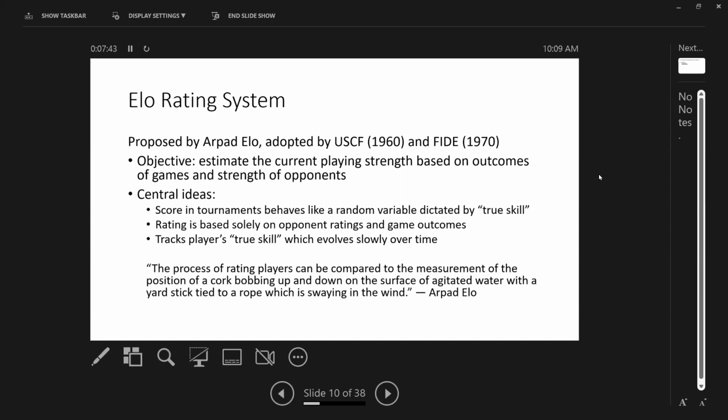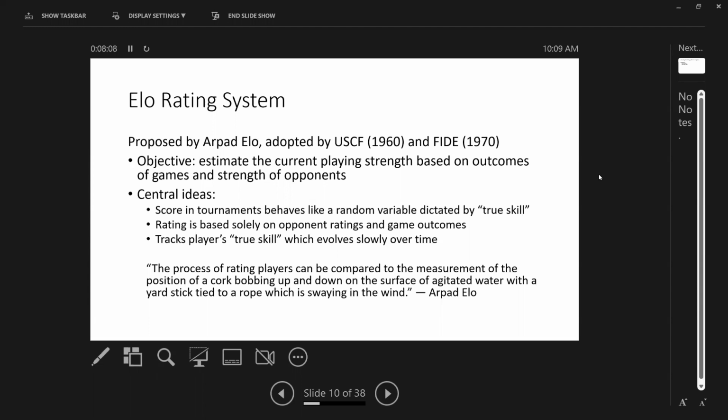We're going to base our rating solely on opponent ratings and the game outcomes. And this rating is supposed to track the player's true skill as it evolves slowly over time. So unlike the previous rating, where a single tournament dictates the result of any rating, it's not going to happen here. It's going to have a more cumulative nature.